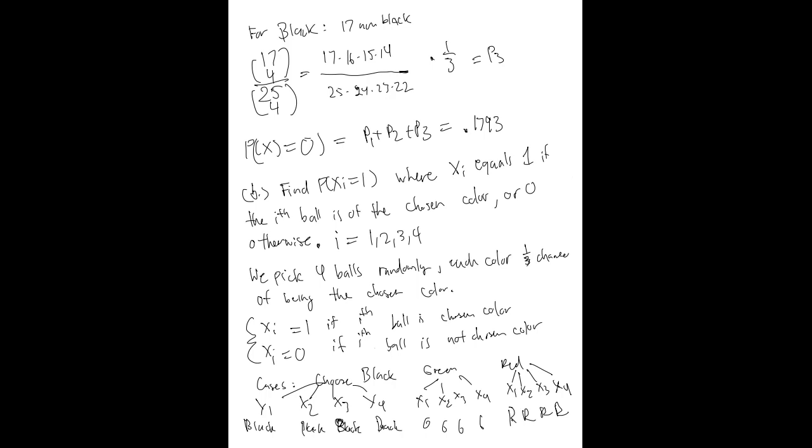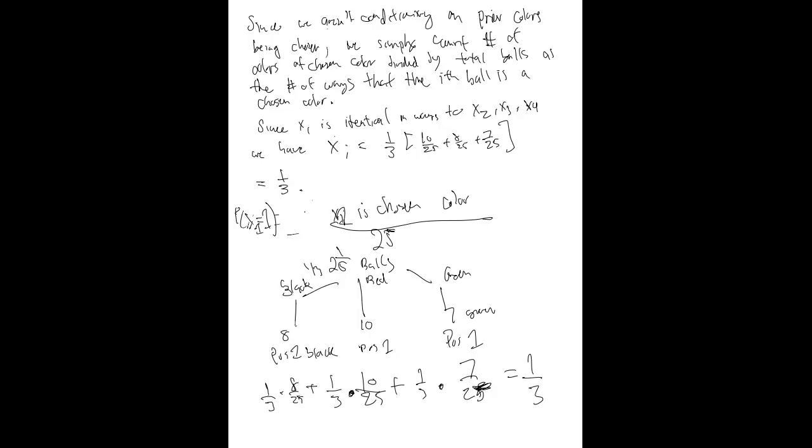But I answered it as the textbook gave it. So we have to find xi equals 1, where xi equals 1 if the ith ball is chosen. So I interpreted that if xi is, say, 4, that means the 4th ball is the chosen color. So for this, it's not that one of the balls is a chosen color.